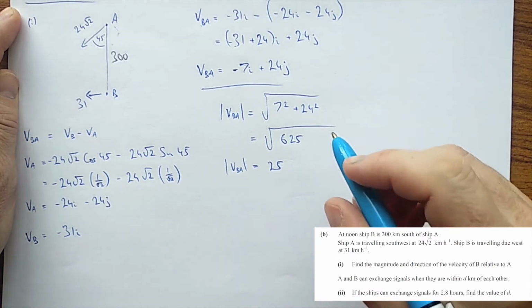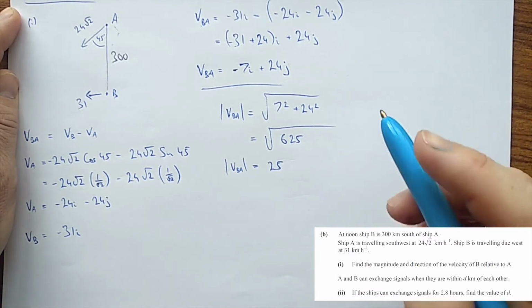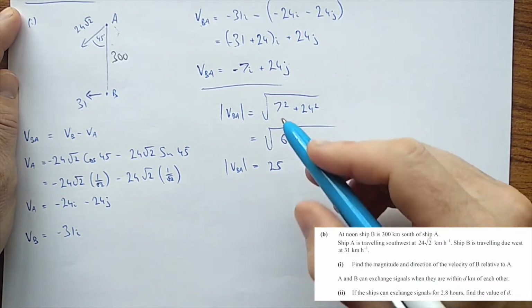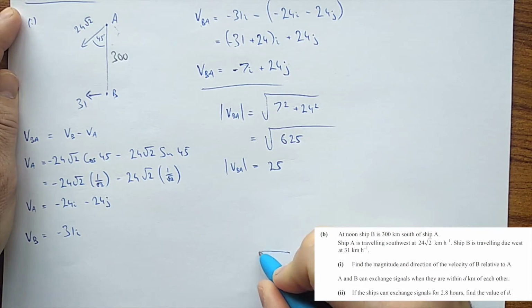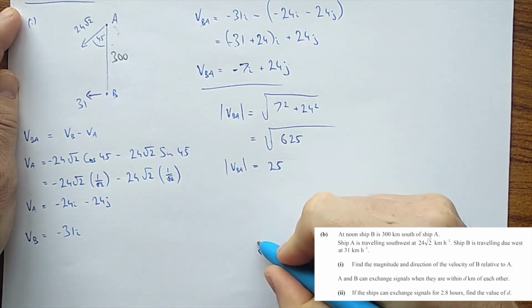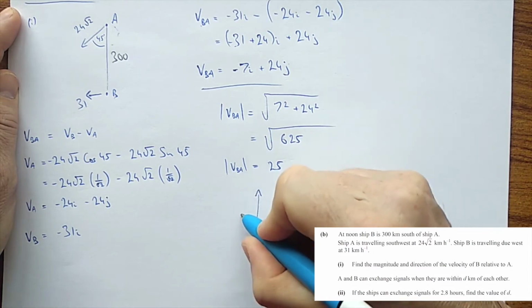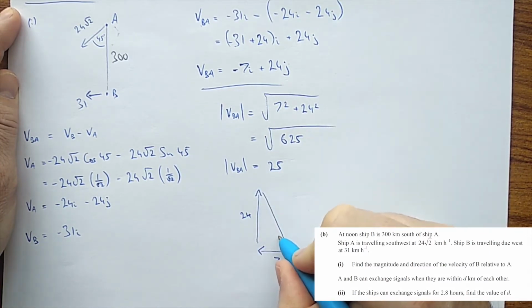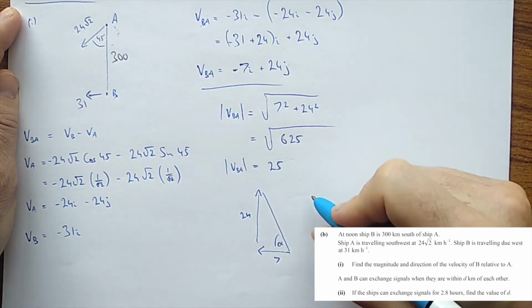Now the angle, this is where it can be a little bit annoying. We're going to do it relative to the horizontal. If we look at this, we are going across by 7 and we are going up by 24. And that's our angle, we're going to call that alpha.